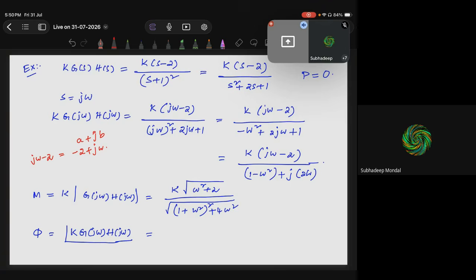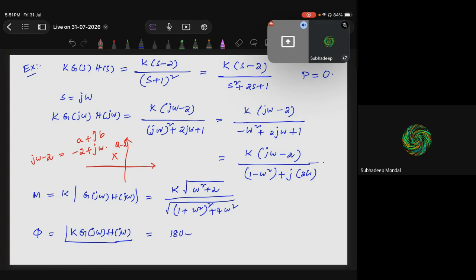So in which quadrant would this point exist? Can anyone tell me? This point would exist in the second quadrant. Am I correct? In the second quadrant, the real value is negative and the imaginary is positive. In the second quadrant, how does the tan look like?